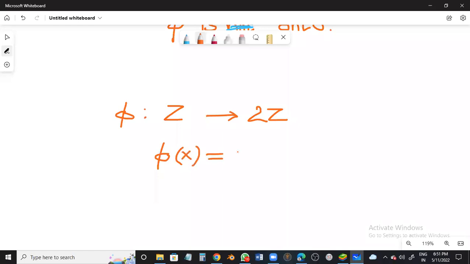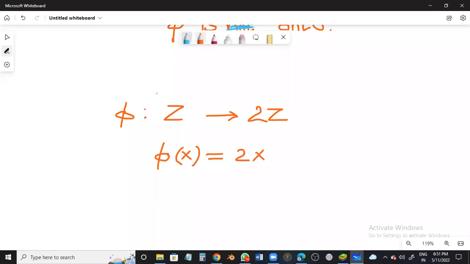See here. What was your domain and what is your codomain? Domain is Z. Codomain is the set of even integers. Do you agree? Yes, ma'am. And how is your function? Whatever you input gets doubled over there. I hope you are getting my point.